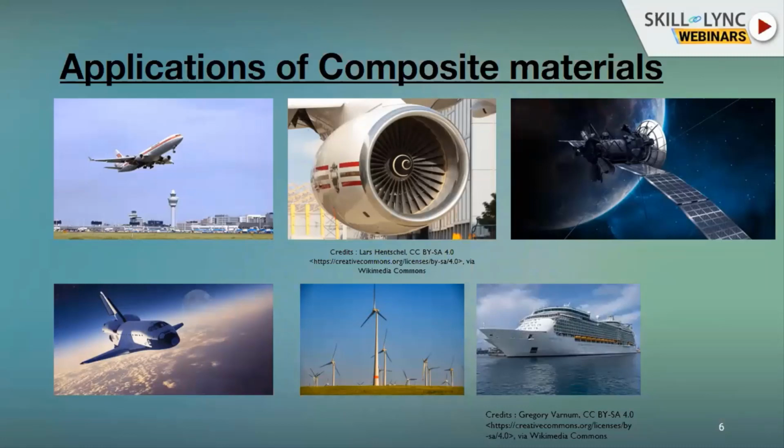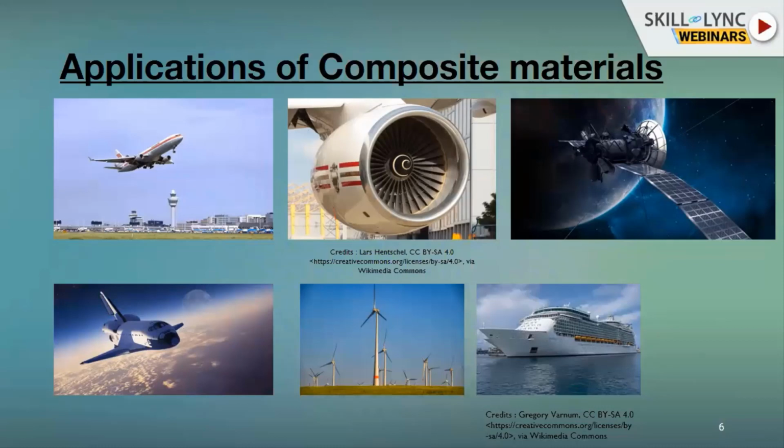These have very specific missions where the temperature of the re-entry shuttle increases to a very high temperature. So some parts of these aircraft are made up of ceramic matrix composites as well as carbon composites.